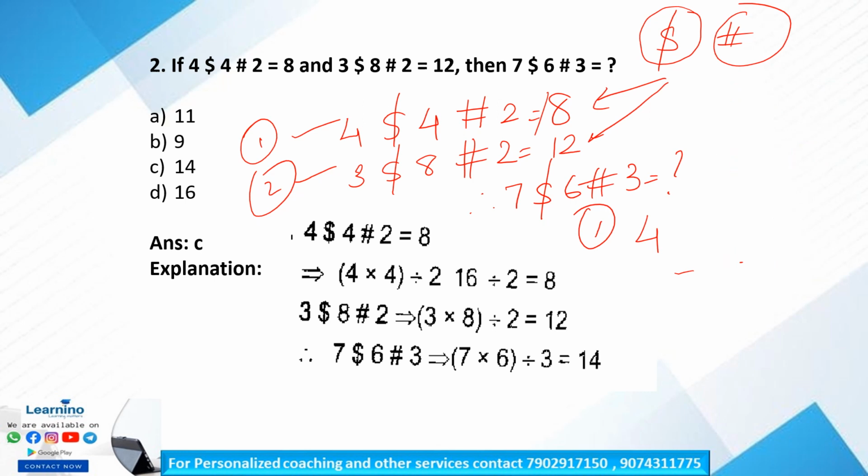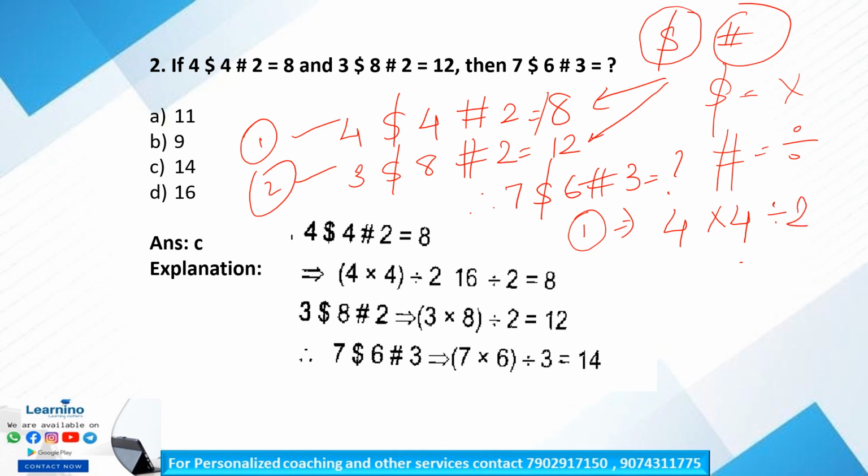We have to consider other values for dollar and hash. Okay. So let us consider dollar is equal to multiplication and hash is equal to division. So equation number 1 becomes 4 into 4 divided by 2, which is 2.